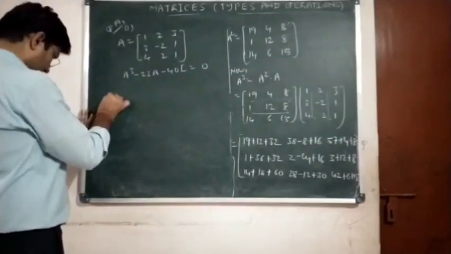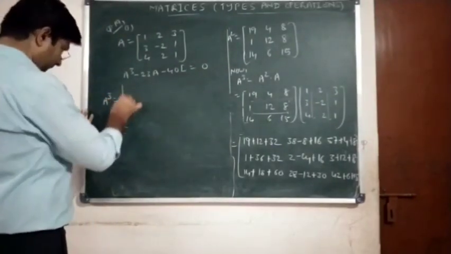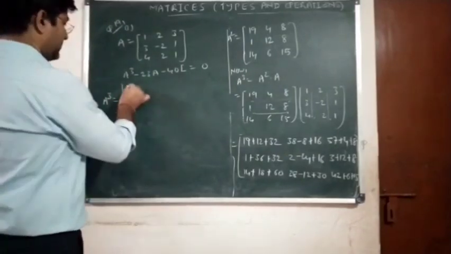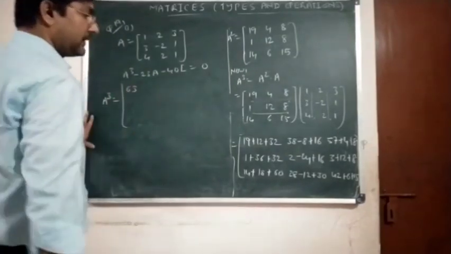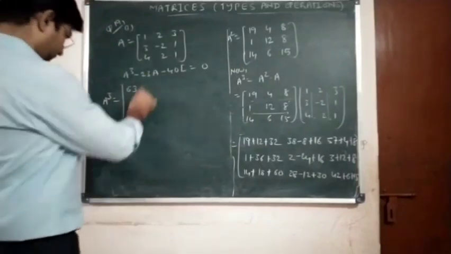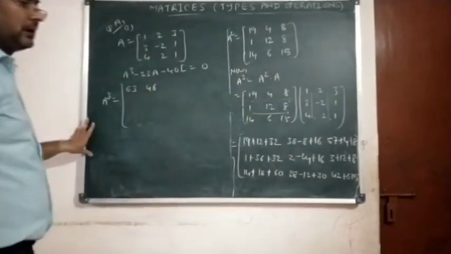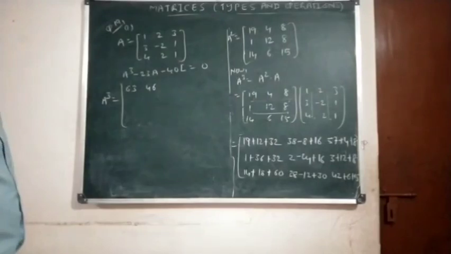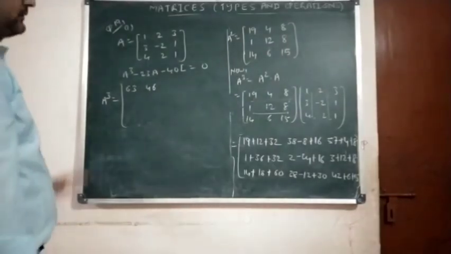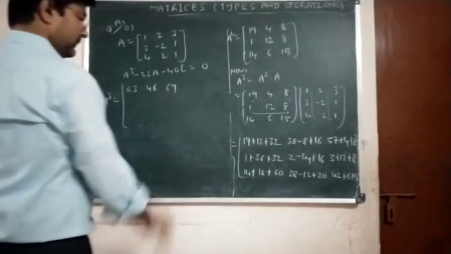Therefore, A cube is equal to, this is 63, 30, 46 and 57 plus 4, 61, 69.